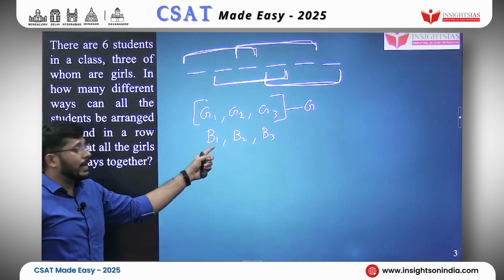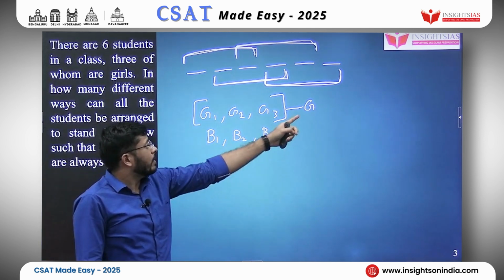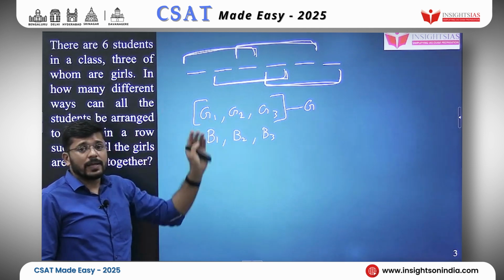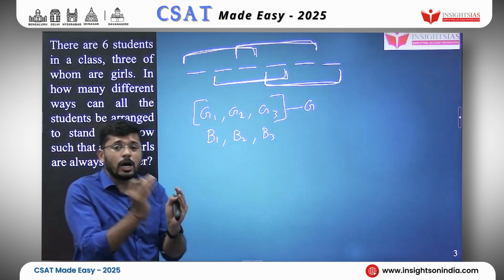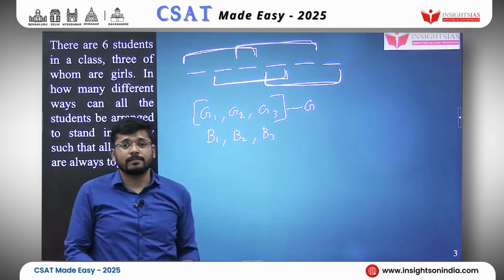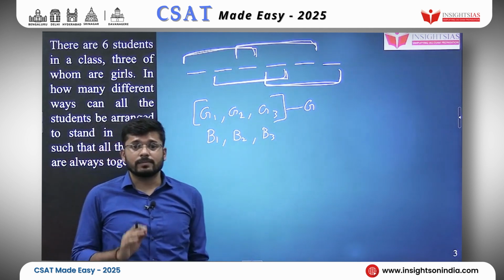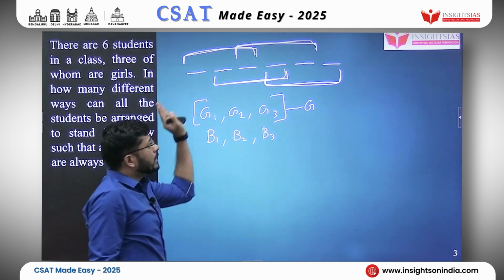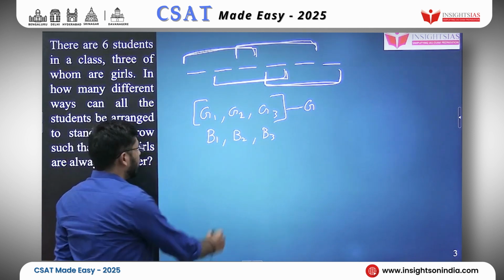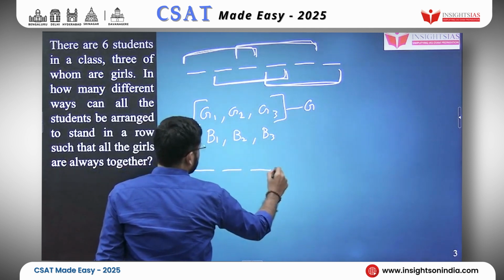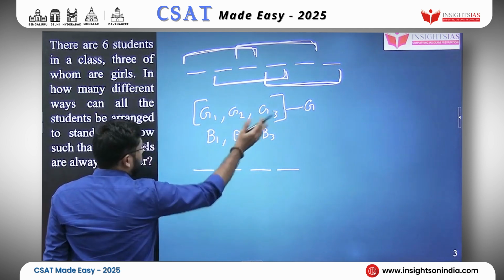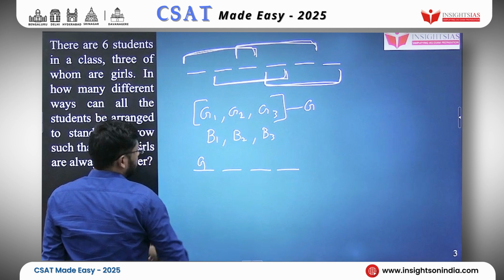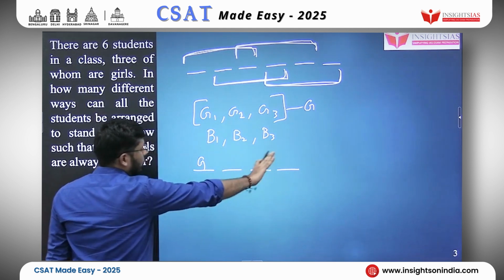Now this is one entity, this is one entity, this is one entity, and together all 3 of them, we will consider them as a block, a single entity. Now we can solve this question. How? So instead of 6 positions, now we will imagine 4 positions. The block G can appear here, then there will be 3 more positions left for the 3 boys.